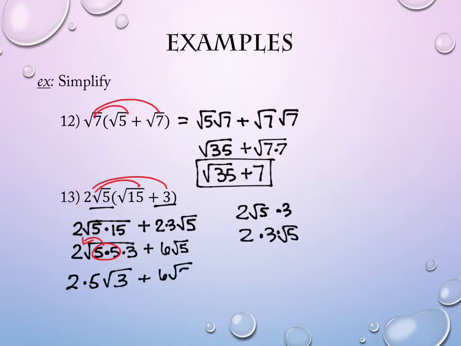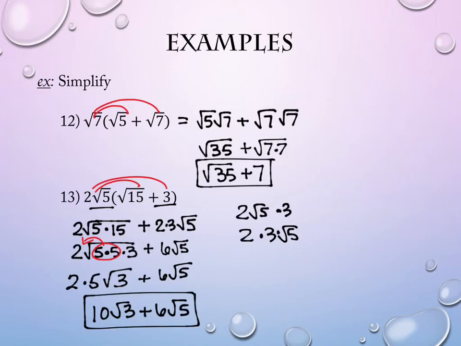We had 6 square root of 5 over here. 2 times 5 is 10. So 10 square root of 3 plus 6 square root of 5. And still can't simplify them because the indexes, while they match, the radicands do not. One is 3 and one is 5. Any questions on that? That's the product rule for radicals.